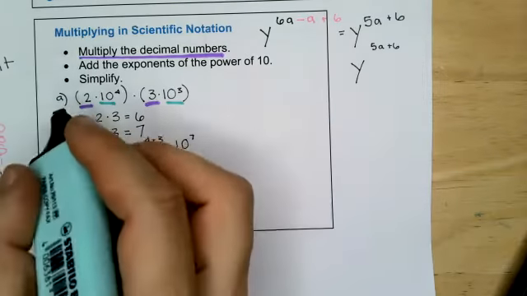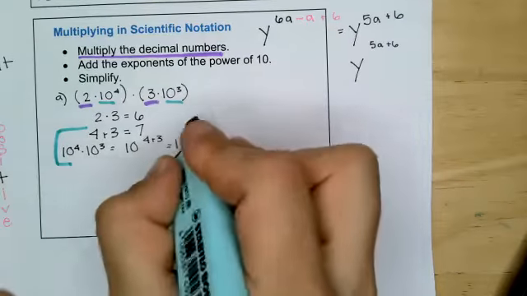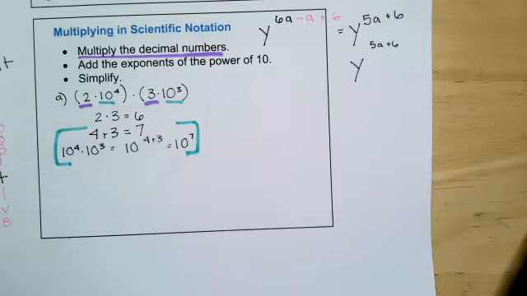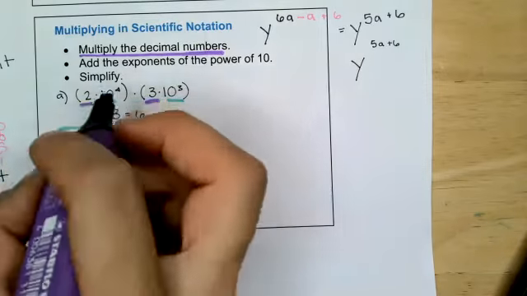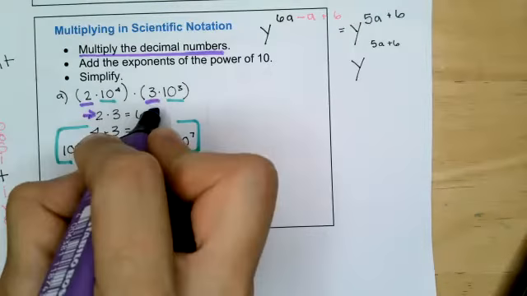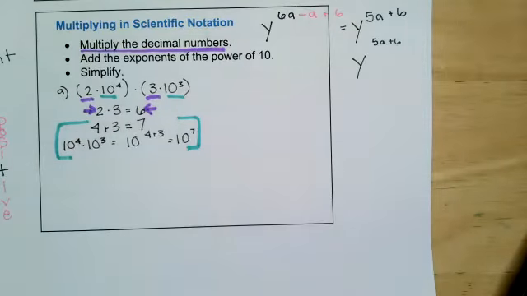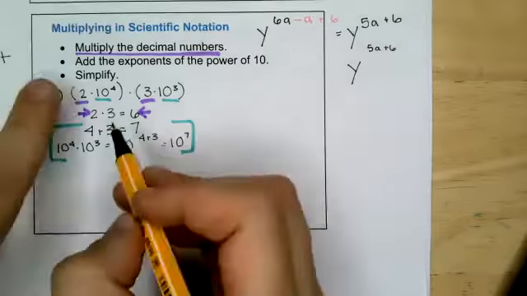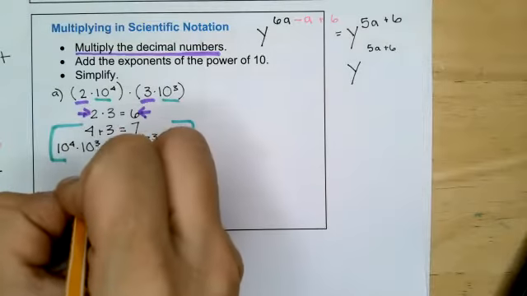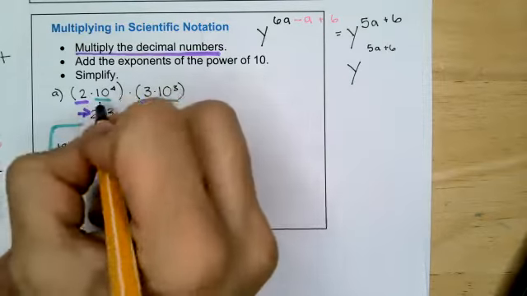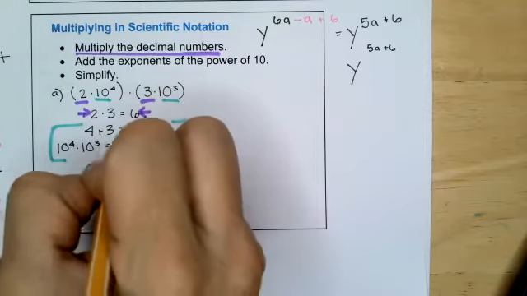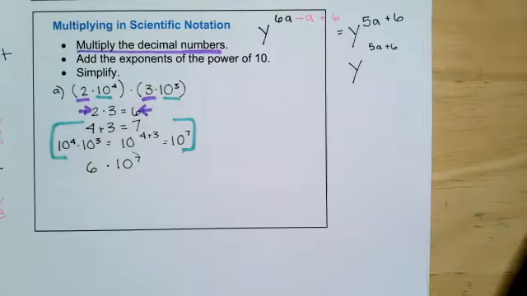That's the exponent side, and this is the decimal side. So instead of a 2 or a 3, you have a 6. And instead of 10 to the 4th or 10 to the 3rd, you have 10 to the 7th.